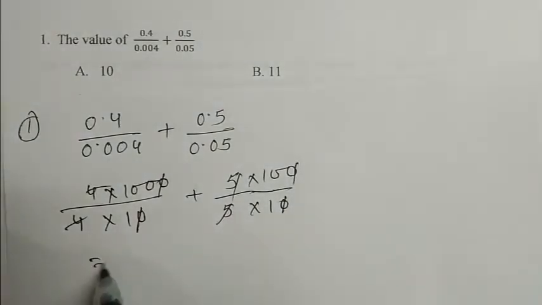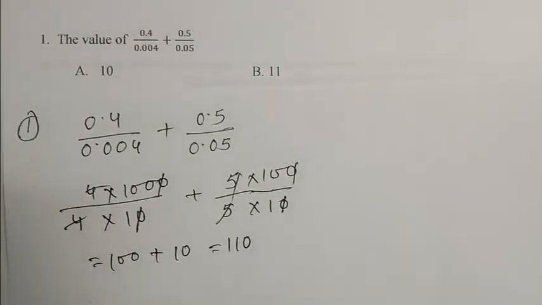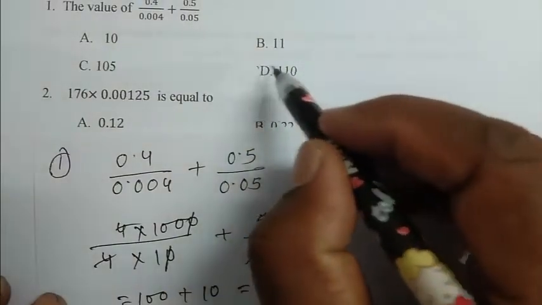So it becomes 100 plus 10, 110. So D is the right answer.